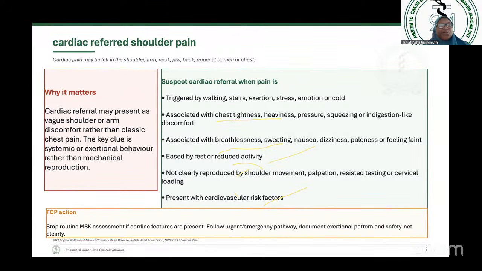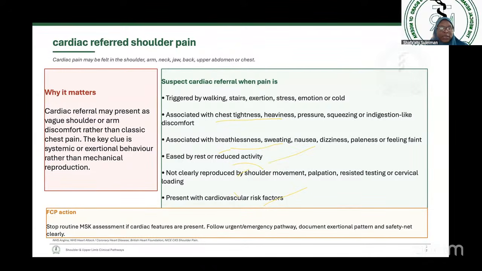So we suspect cardiac referral when pain is triggered by walking, stairs, exertion, stress, emotion, or cold. When it is associated with chest tightness, heaviness, pressure, squeezing, or indigestion-like discomfort, and sometimes associated with breathlessness, sweating, nausea, dizziness, paleness, or feeling faint, and it is eased by rest or reduced activity.